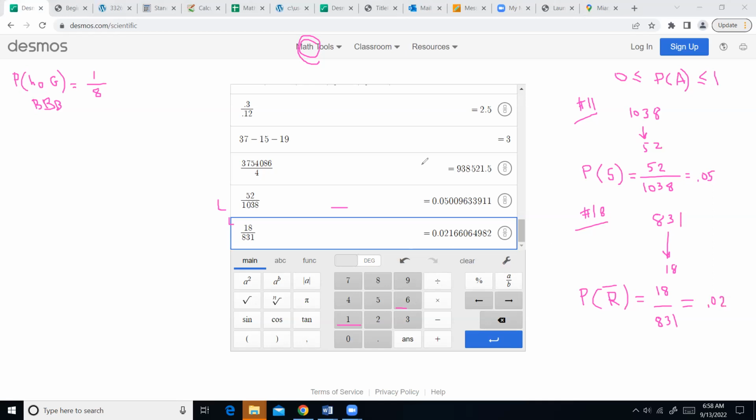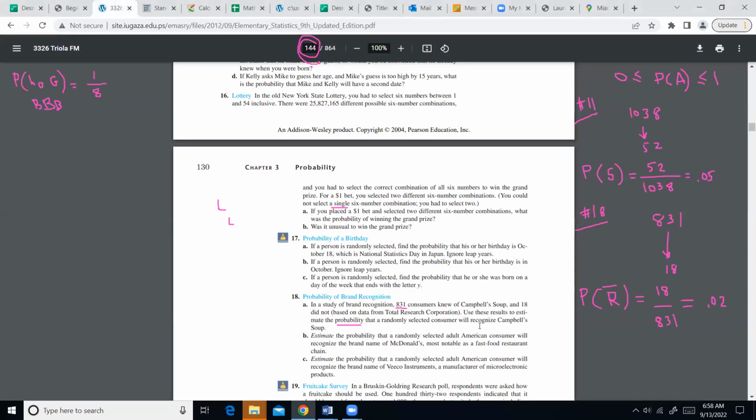But now when I look at the question of this exercise, they ask what's the probability that a consumer will actually be in the opposite group of people, that the consumer will actually recognize it? So the probability to recognize will be the remaining people, right? So the remaining people probably recognized it. So how many remained? One can say, Alex, 800 and something.